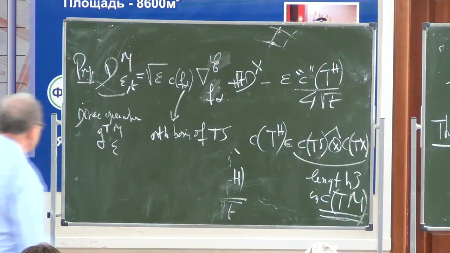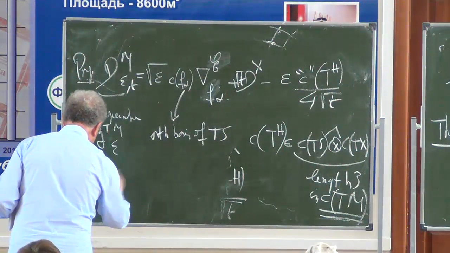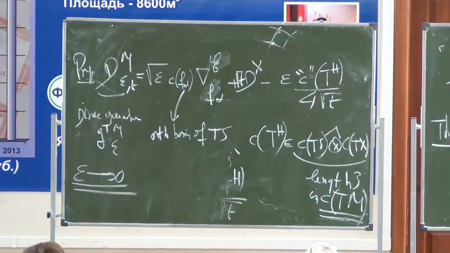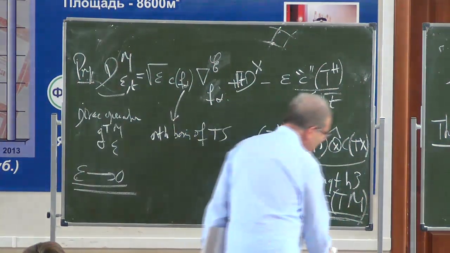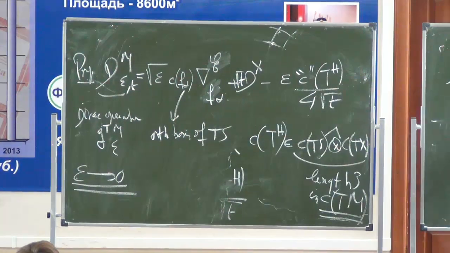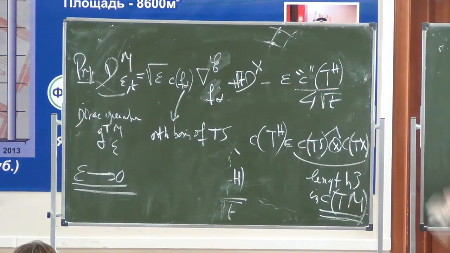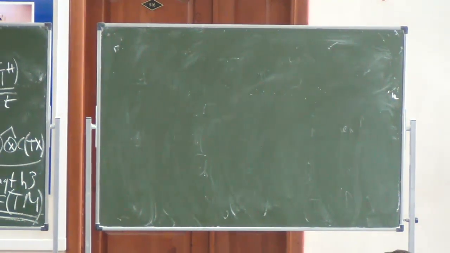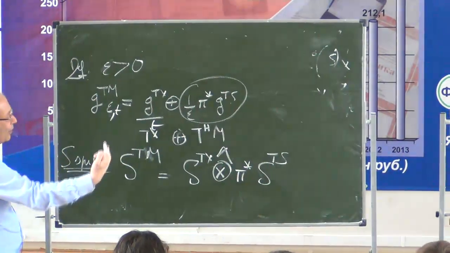So now we make epsilon tend to 0. And I explained to you that the limit of the Clifford algebra of a vector space when the metric tends to infinity, that's the metric as epsilon tends to 0, I told you the limit is the exterior algebra.